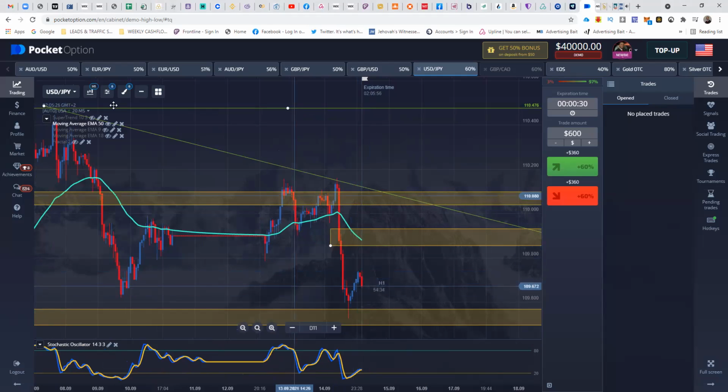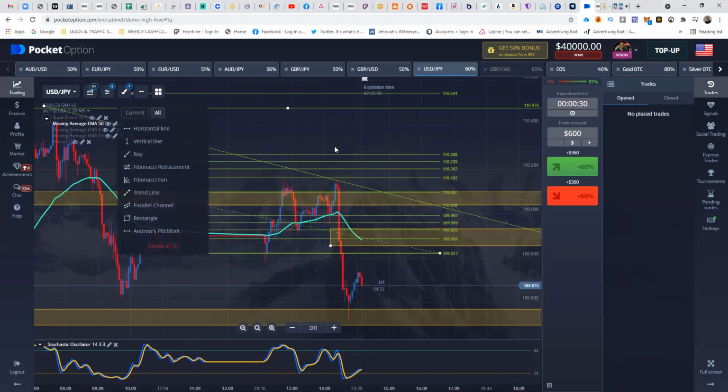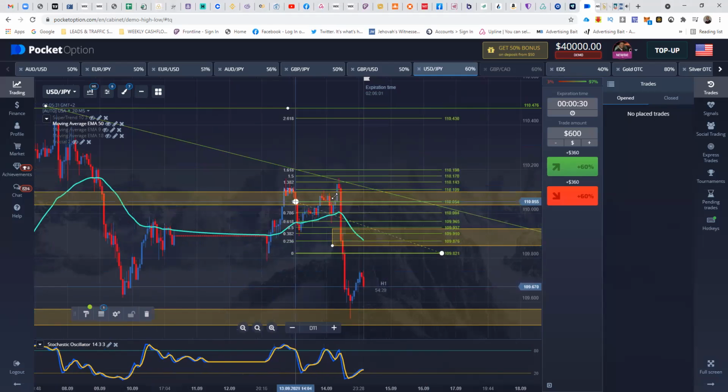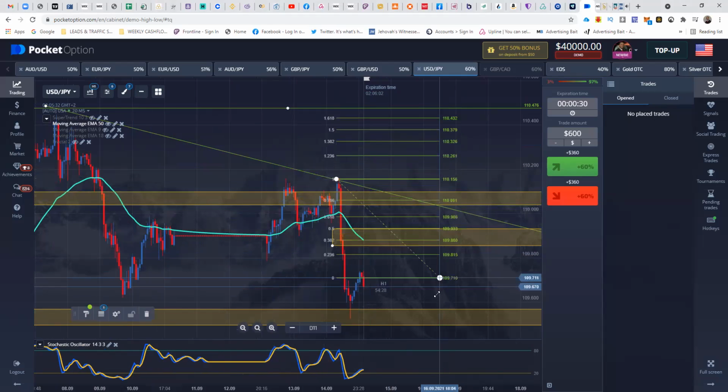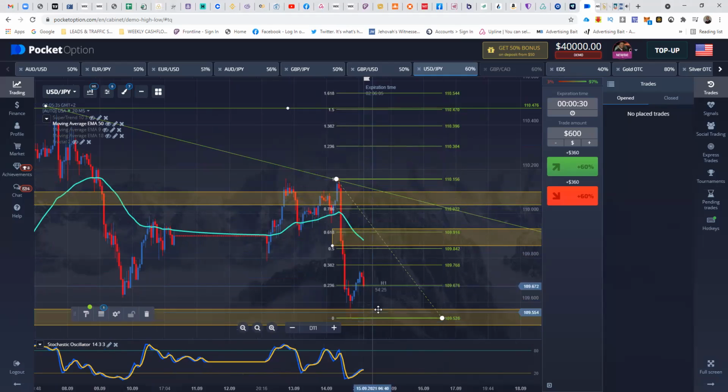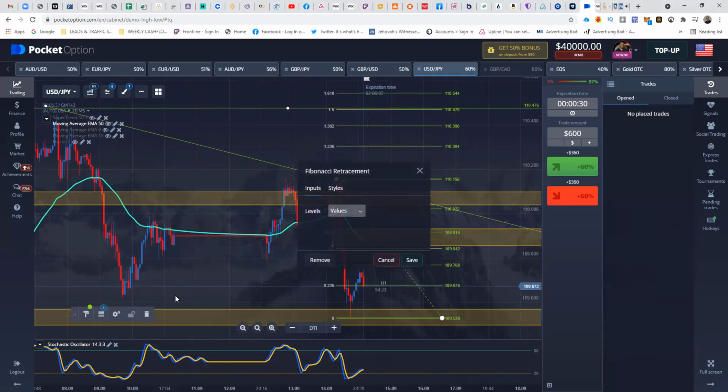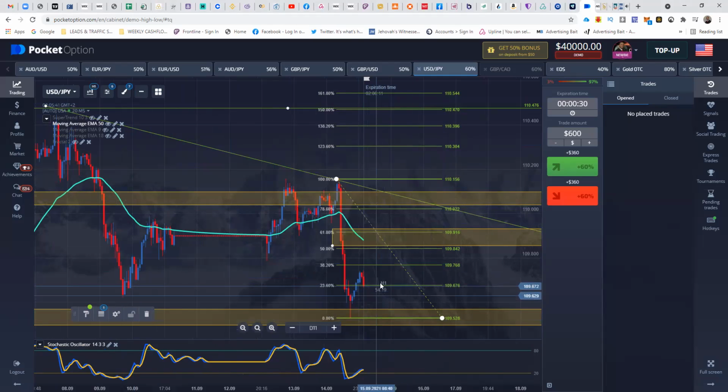Price actually pulled back, so I'm going to take the Fibonacci, most recent high, most recent low. We can see that price didn't even pull back to the 38.20, so it's gearing up for another move in the downtrend here.